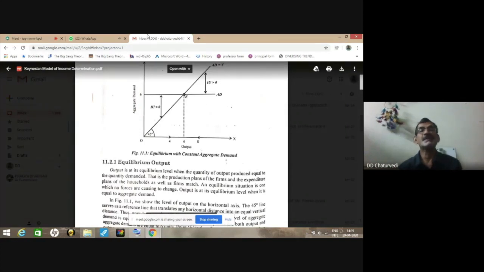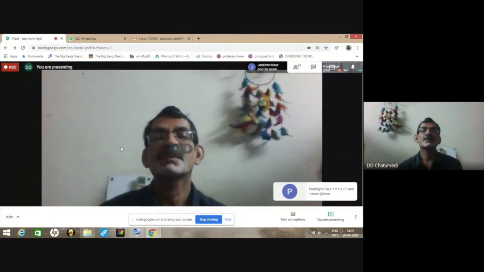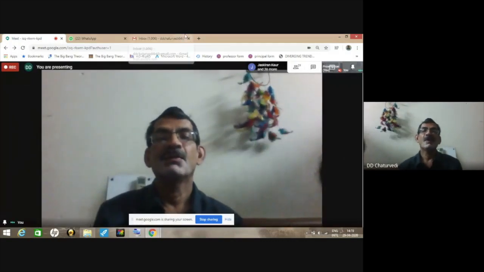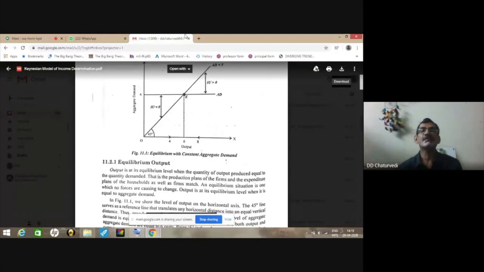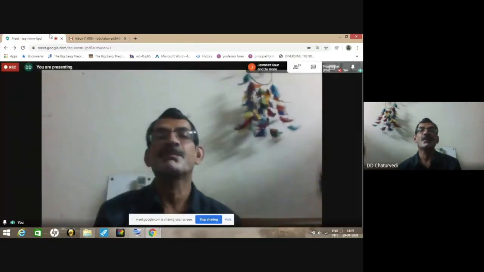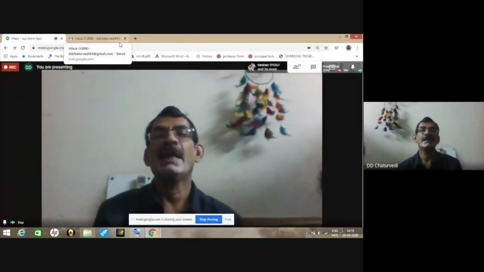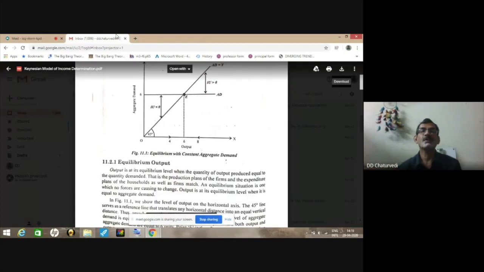So that means we are having more demand, but there is less production. So here we must increase the output so that we may reach point E, where aggregate demand is equal to actual aggregate output. Similarly, when we go beyond equilibrium point E, we find that unplanned inventories are positive, and that indicates output is more, but demand is less, and there is unplanned inventory accumulation.